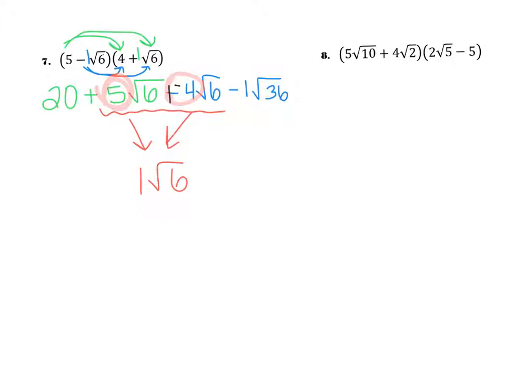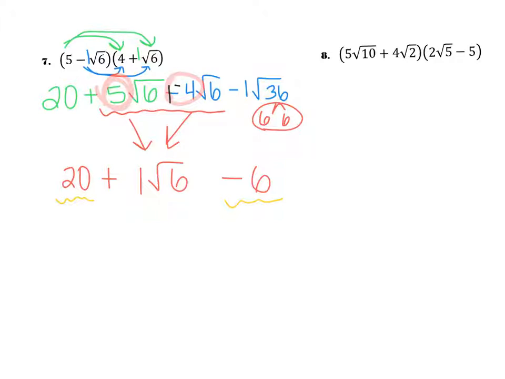Now I also noticed one other thing. My square root 36 is really made up of 6 times 6. So I am going to bring this term down as a minus 6. And don't forget, remember, we started our answer off with a 20. Now there is one more step because I have some whole numbers here.